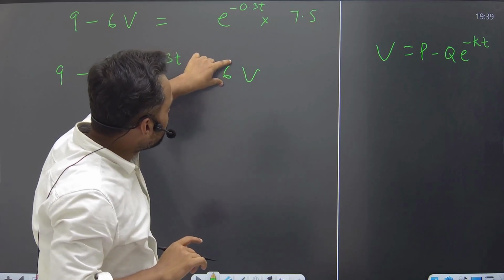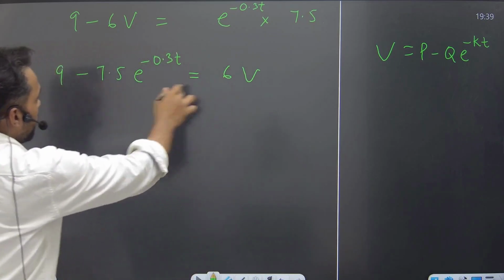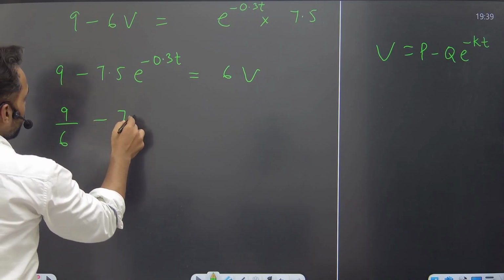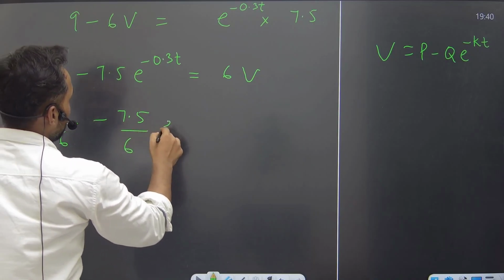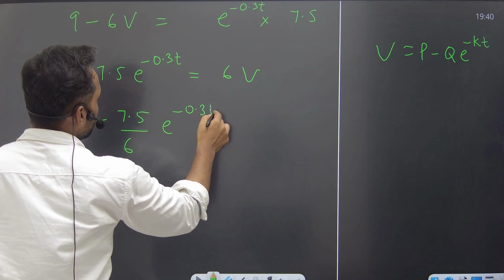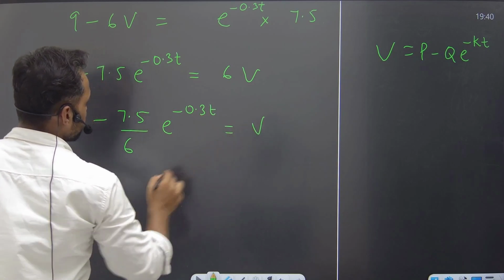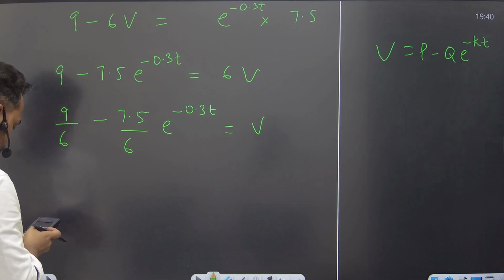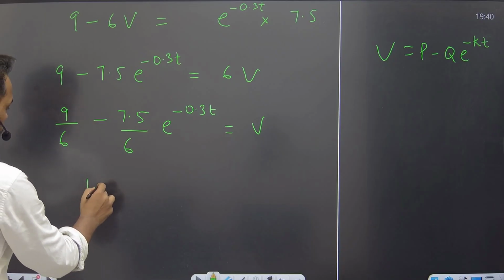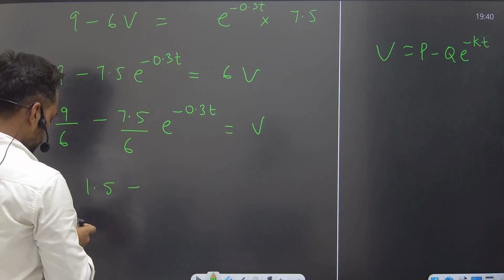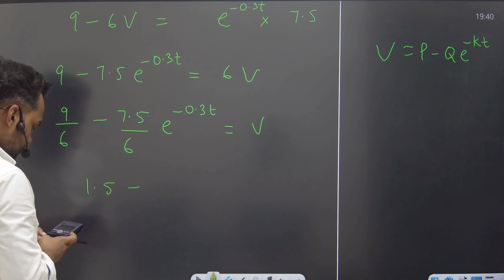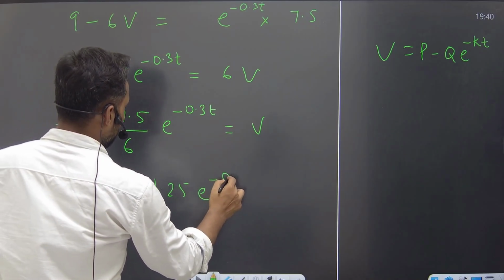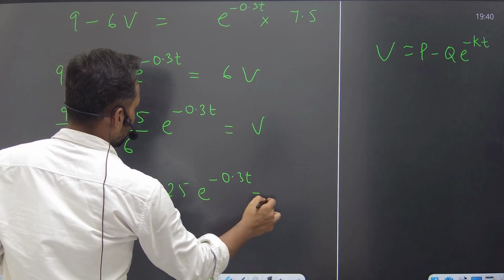Here the coefficient of v is 6 and we need the coefficient of v to be 1, so we need to divide the whole expression by 6. So you'll get 9 by 6 minus 7.5 by 6 e raised to the power negative 0.3t equals v. 9 by 6 is 1.5, and 7.5 by 6 is 1.25, so 1.5 minus 1.25 e raised to the power negative 0.3t equals v.